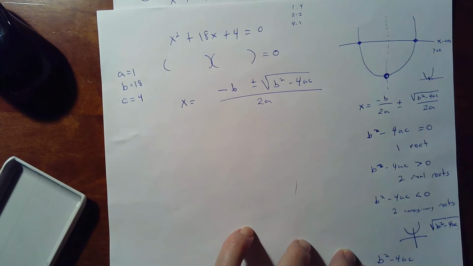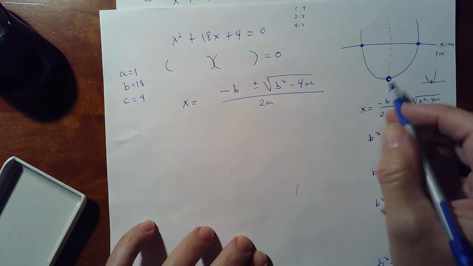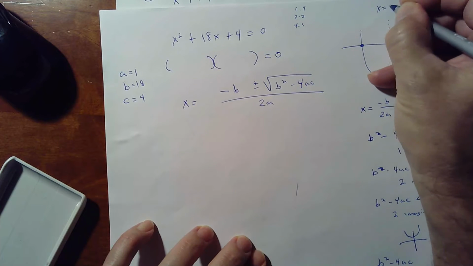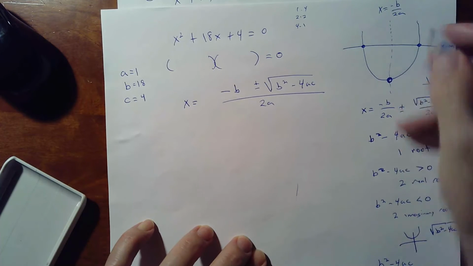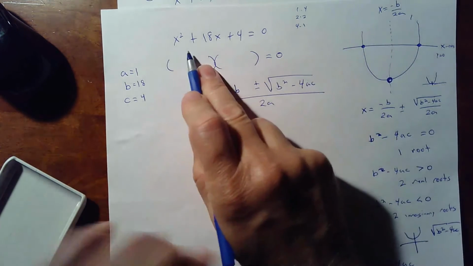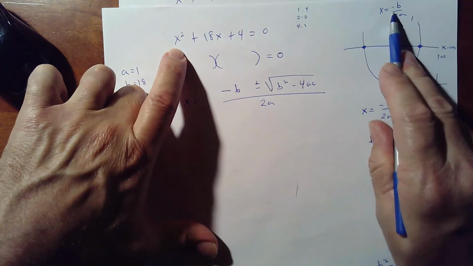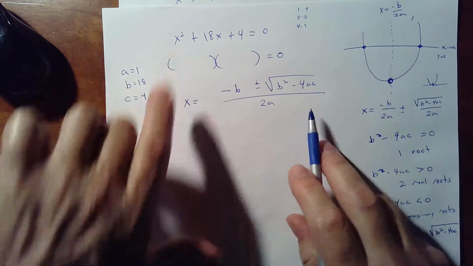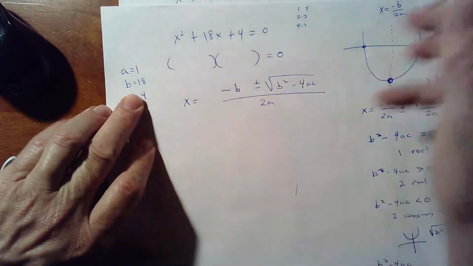And then the vertex is an extremely important piece. We calculate that vertex at x equals negative b over 2a, and then the actual y value associated with that, we plug back into the original function. Wherever you see x, put in negative b over 2a. So in this case, our b value is what? 18.